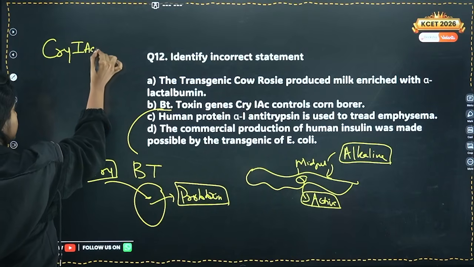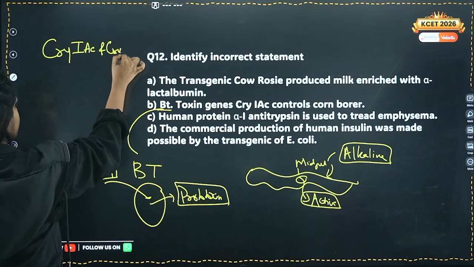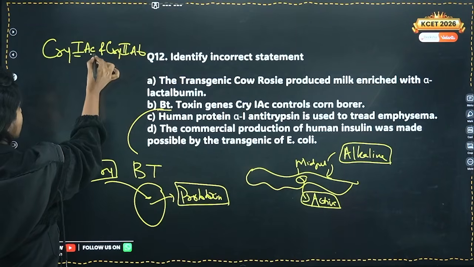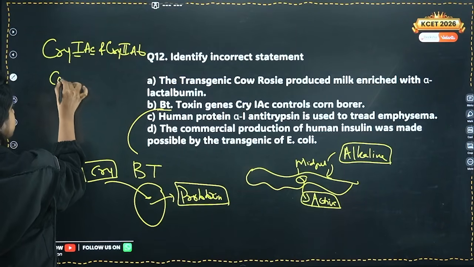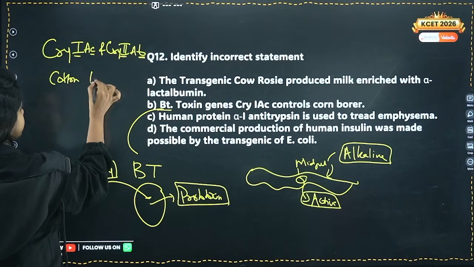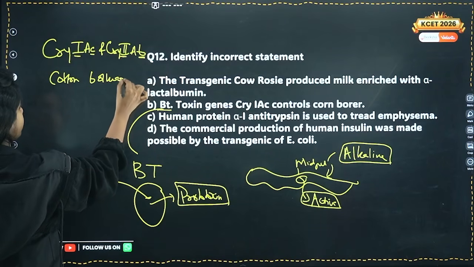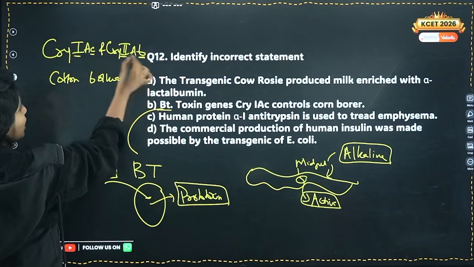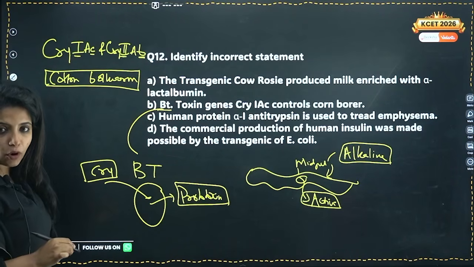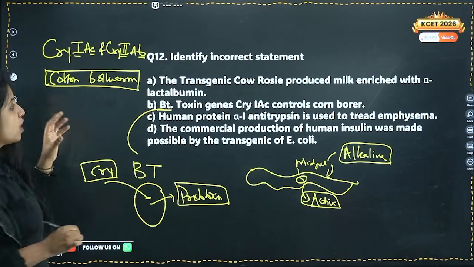One is cry 1AC, and one is cry 2AB. First letter starts with C, second letter starts with B. This is how I remember. So cry 1AC and cry 2AB release toxin that kills cotton bollworm.